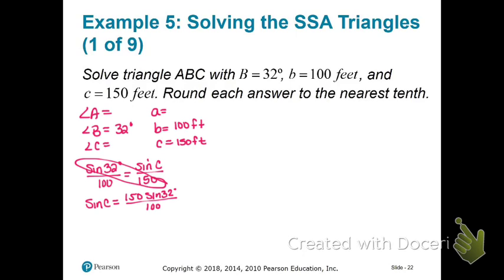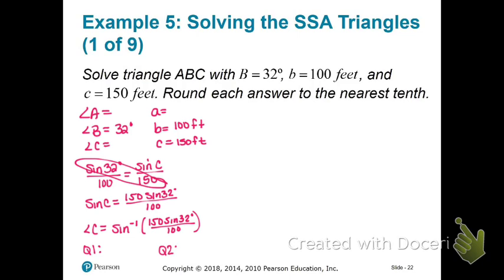But we're looking for the angle, so we're going to have to do the inverse, right? And when we do the inverse, we have to check for 2 angles, right? When we're looking for an angle there using inverse sine, we have to check our quadrant 1 and our quadrant 2 angles.